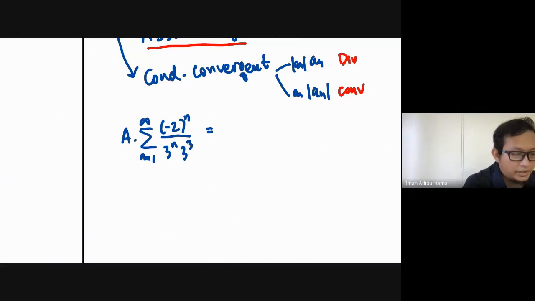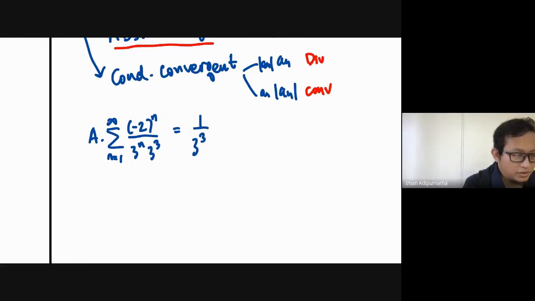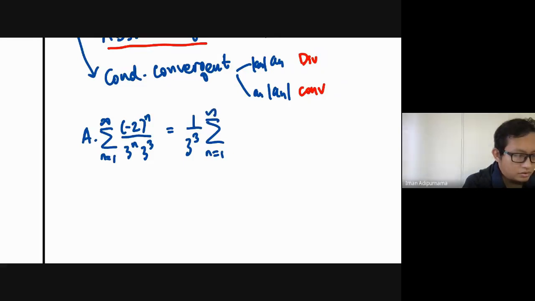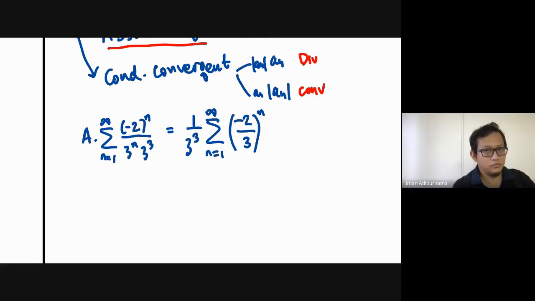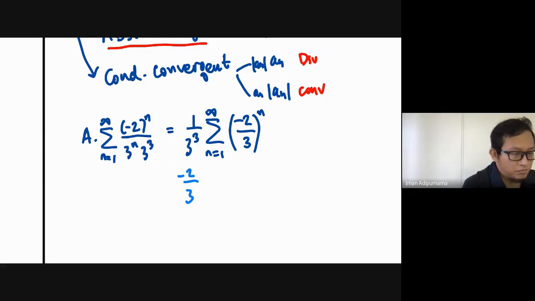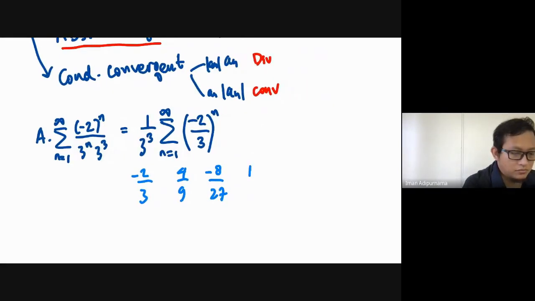For A, I can rewrite this like this. If you look at the pattern, if you multiply by -2/3, it will be this. It will be a geometric series, right?